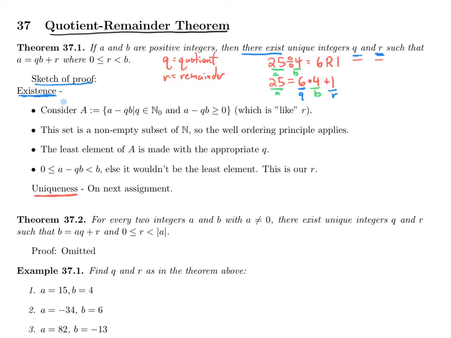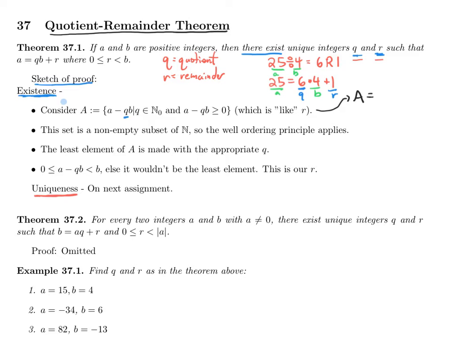So the idea of the proof is like this. Take your a and your b, and you're treating q right now as a variable. This set, capital A, is going to be all numbers of the form a minus qb, where q is some whole number, and we only want the cases where a minus qb is greater than or equal to 0. Let me do this by example. The dividend is 25 and the divisor is 4.